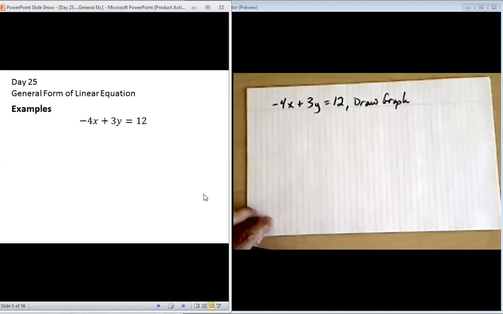Do you remember from the last example, the first thing that we did?